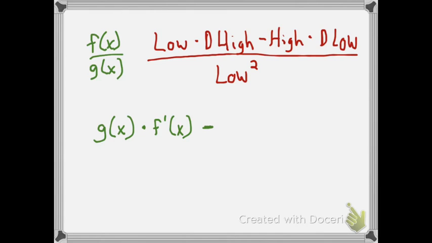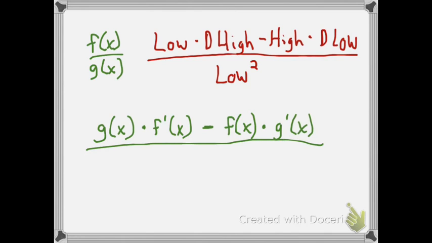Now we have minus high, so that's f of x, times d low, so the derivative of the low function, which is g of x. So we're going to have g prime of x all over low squared, which is g of x being squared. And this is the derivative of the function f of x over g of x using quotient rule.